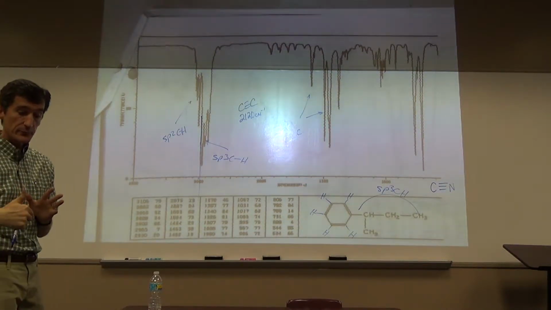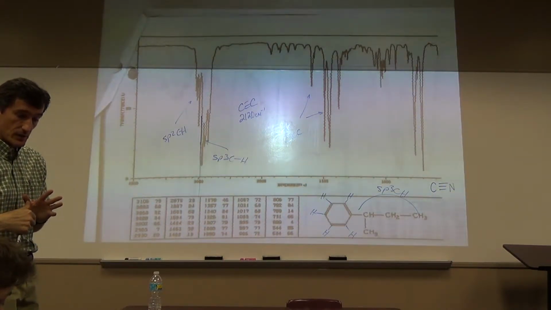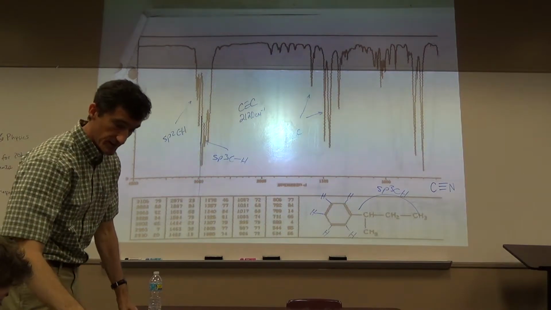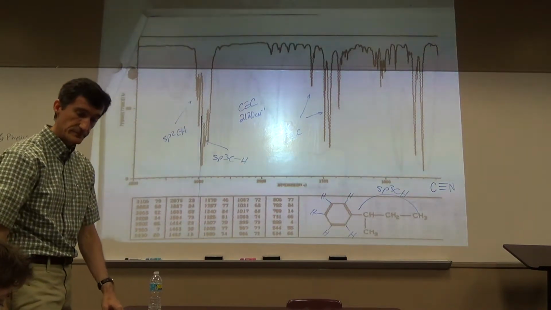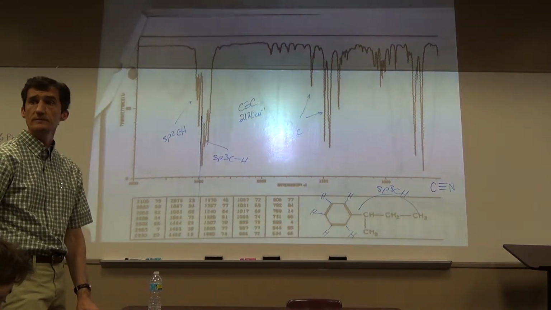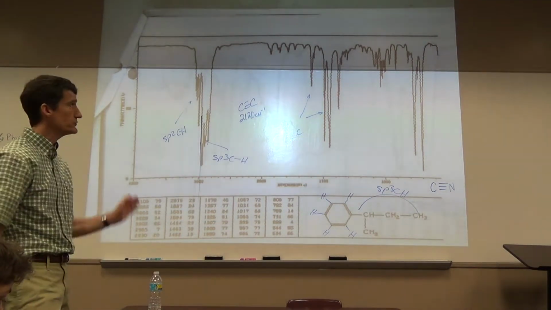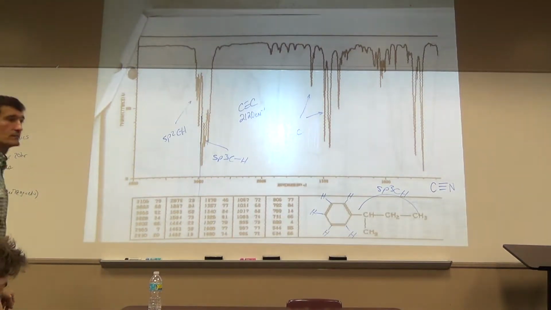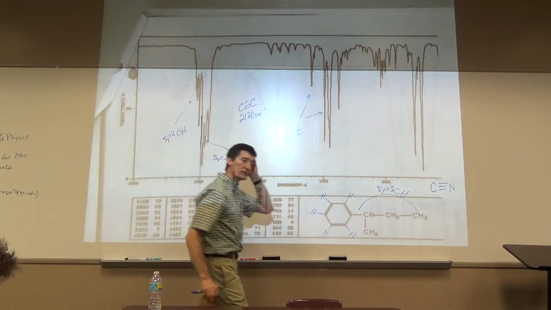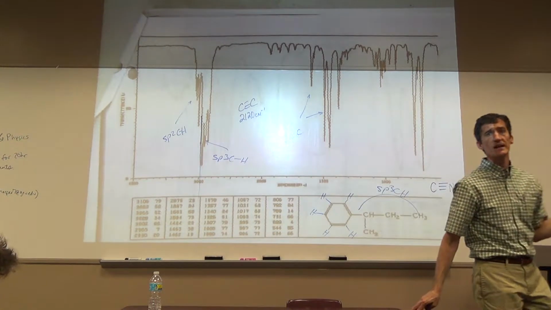Again, if you flip back to the very first IR we looked at, hexane, you see how it's just straight across through there, there's no mountain range? Typically, I call it an aromatic signature.